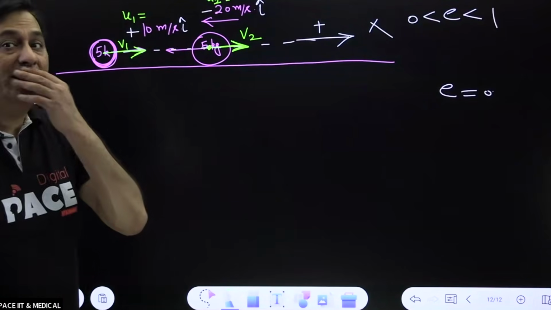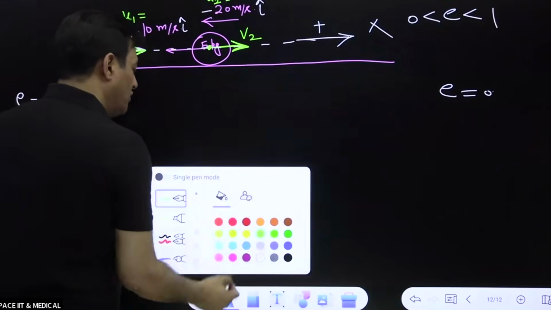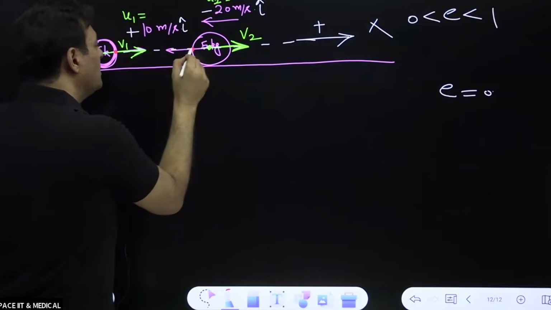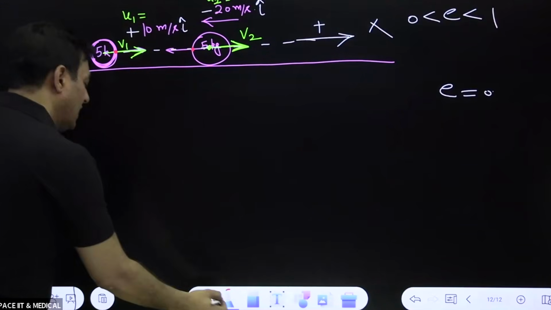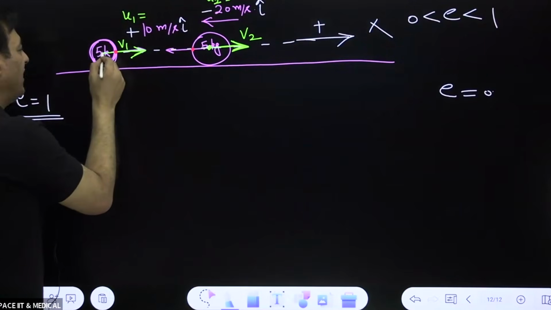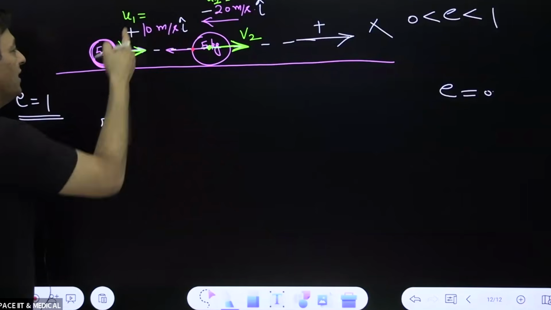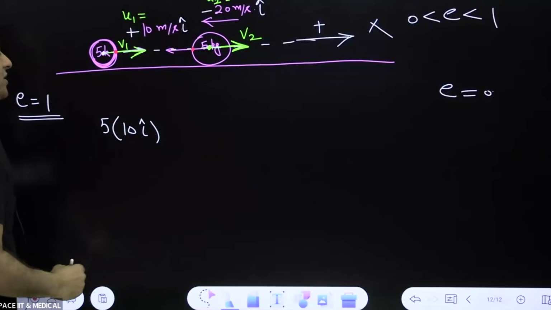Now let me write down the conservation of linear momentum, because when they exert a force on each other, that force will be an internal force. External force in horizontal direction on the whole system is 0. What is the initial linear momentum of the whole system? For the 5 kg ball, initial linear momentum is 5 into initial velocity, 10 i cap. Direction is important.